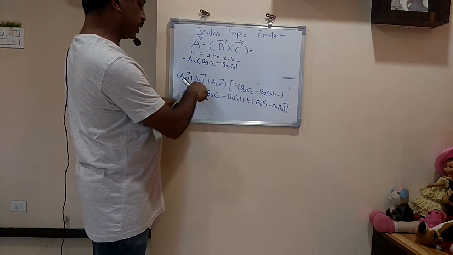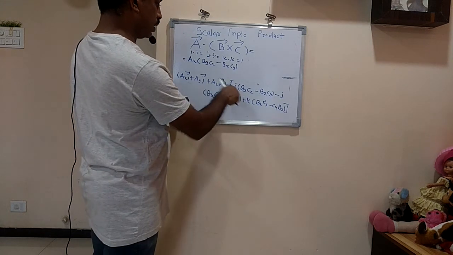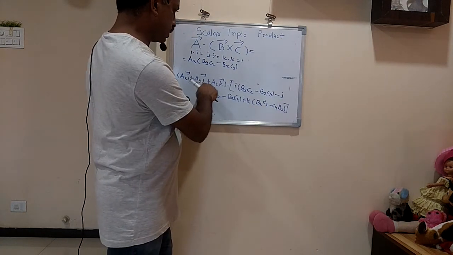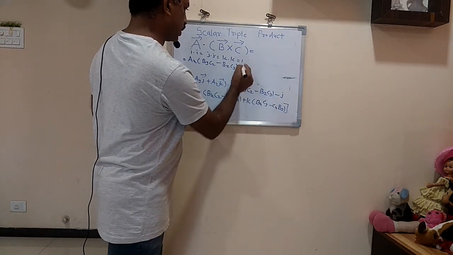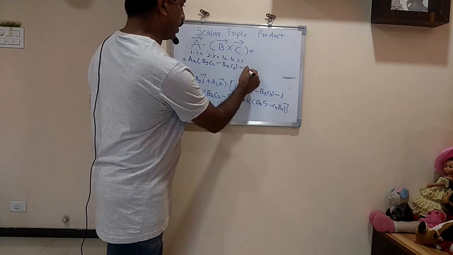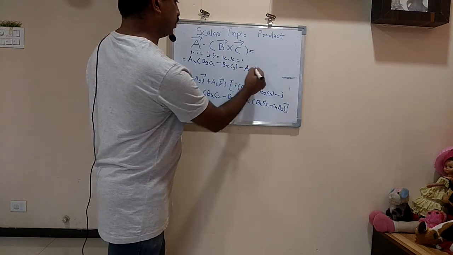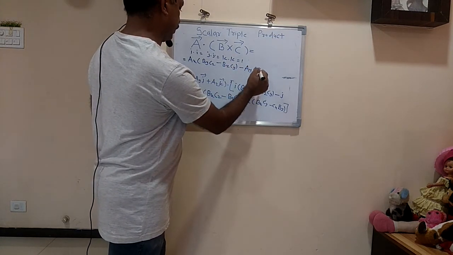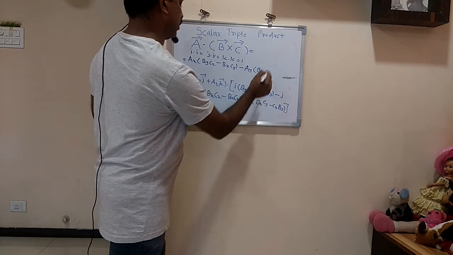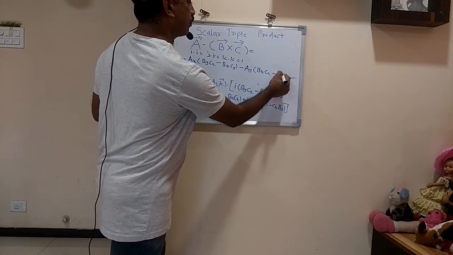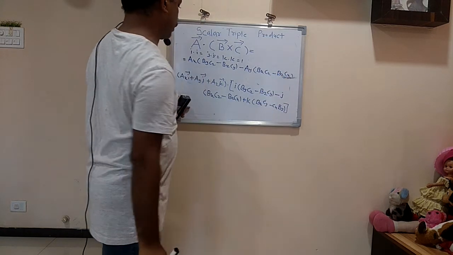Next we multiply ay j with i: j dot i is 0, so we don't take it. Next j dot j is 1, so here we take minus ay times the bracket term (bx cz minus bz cx).